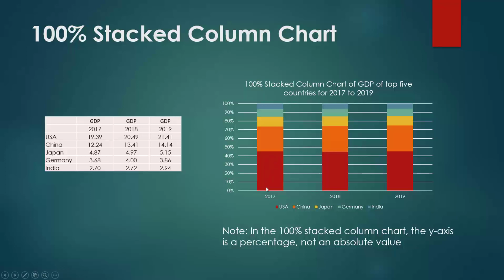So US GDP in 2017 is 19.39, which is about 45% of the total GDP of 2017 for these 5 countries. So we are showing 45% for US. So we can see that over 2017, 18, 19, US share has stayed about the same, 45%. China's share has risen just a little bit.